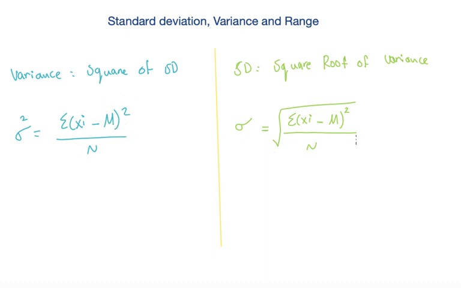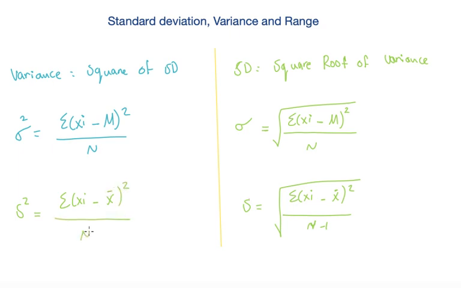So let's put the standard deviation of a sample, which is S, equals the sum of all data minus the sample mean all squared over n minus 1, and all square root. A variance of a sample is S squared, which equals the sum of x minus the sample mean all squared over n minus 1.